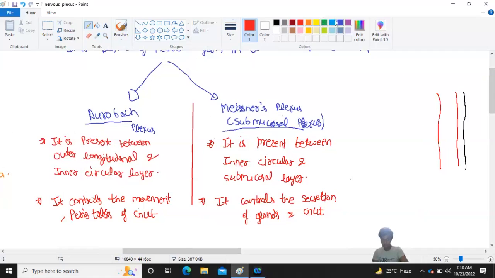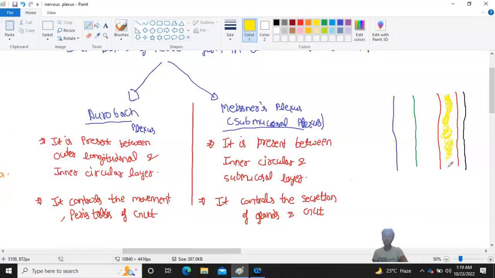And inner, there is the submucosal layer, and innermost is the mucosal. These are the layers of the GIT. So these plexuses are present between layers. One plexus is present here, which is called Auerbach's plexus, between the outer longitudinal and inner circular.